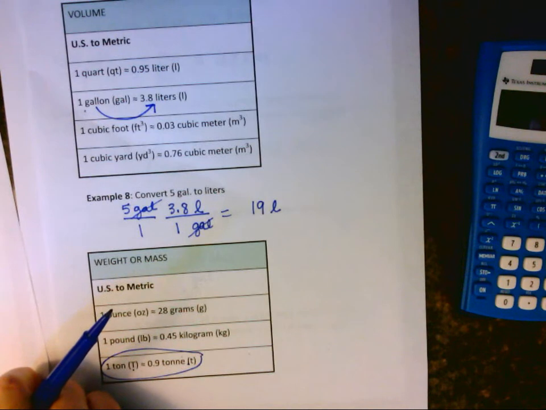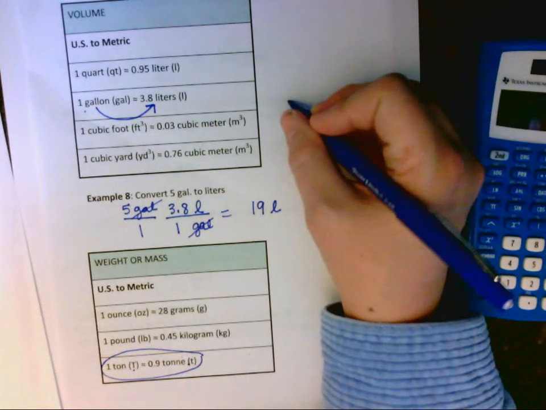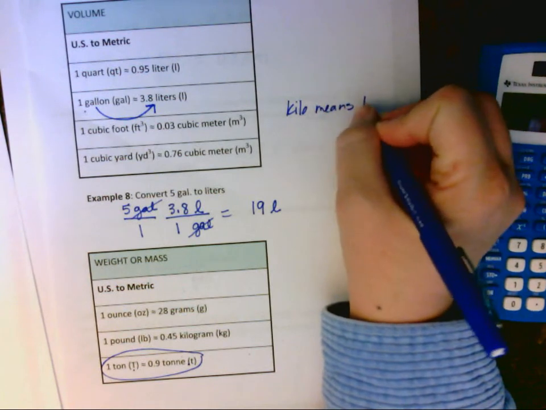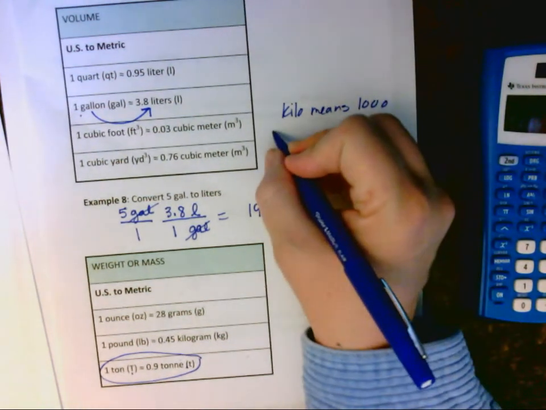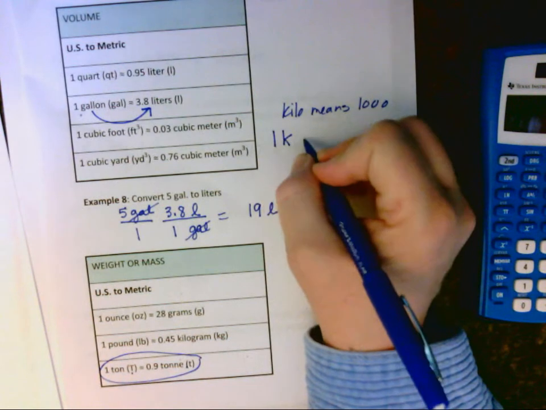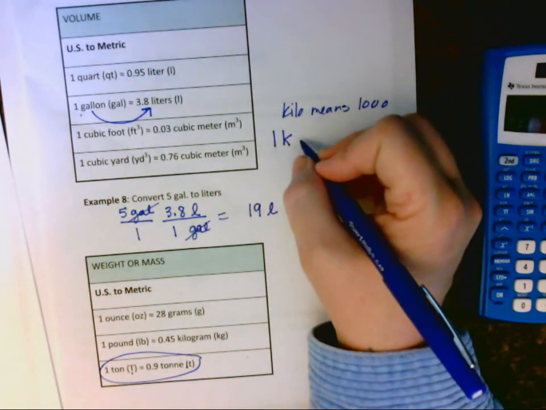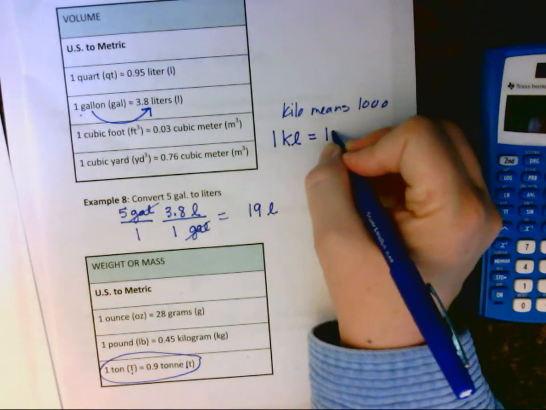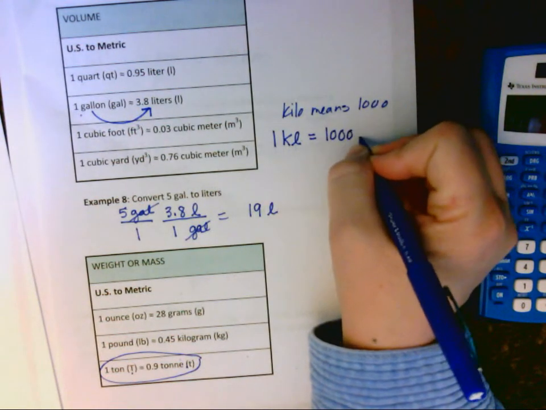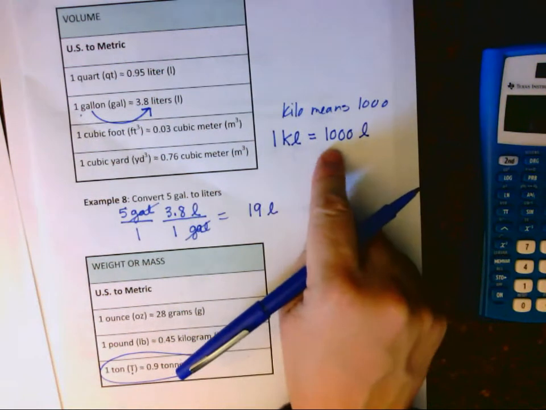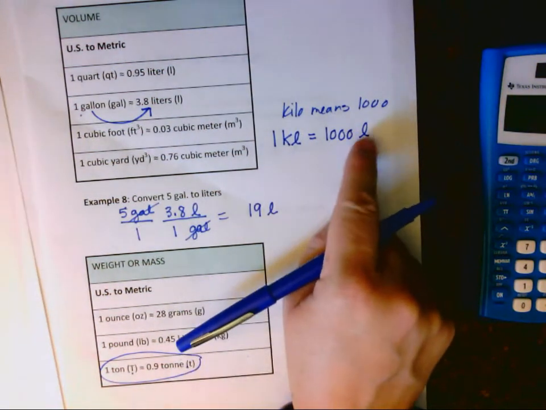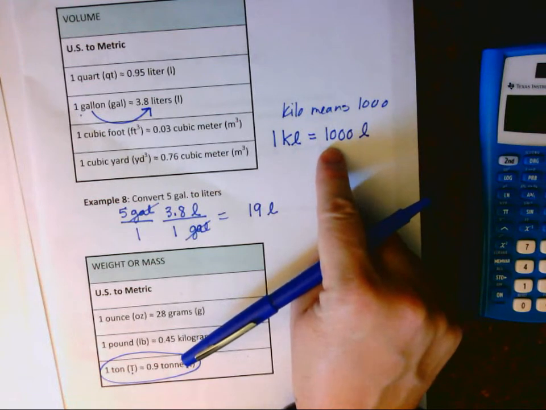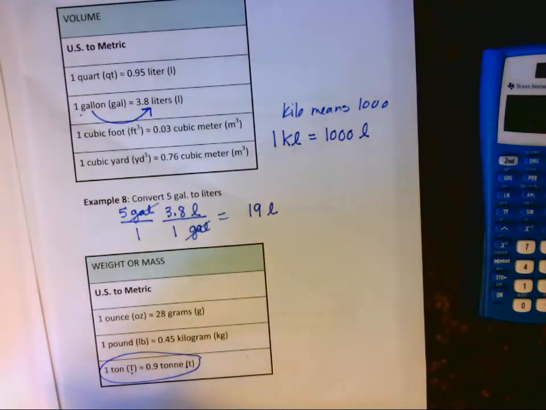Kilo means 1,000, okay? So 1 kilo anything, in this case kiloliter, is going to equal 1,000 regular liters. So it takes 1,000 of a regular liter, 1,000 meters to make a kilometer, 1,000 of anything to make a kilo of the same thing.